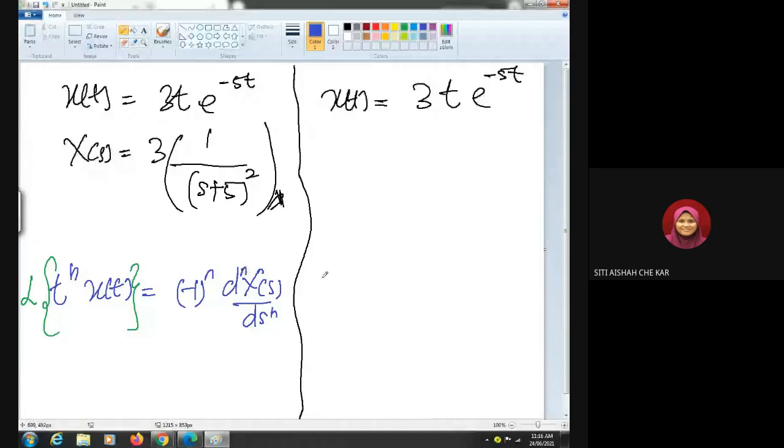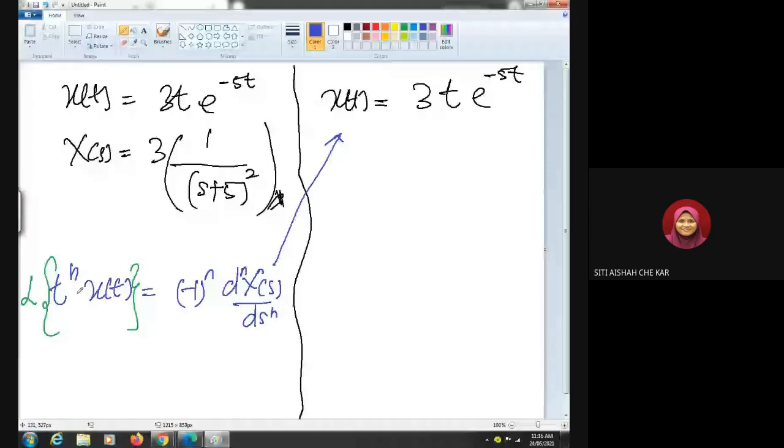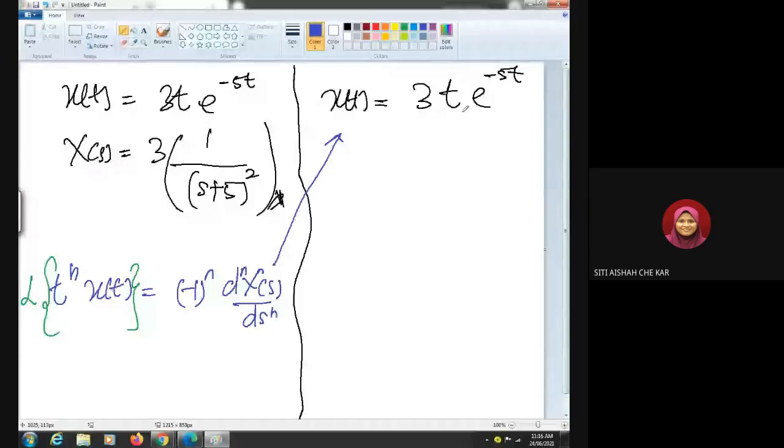So sekarang kita nak pakai ini untuk soalan ni lah. Okay, so kalau kita tengok kat sini, xt kita sekarang adalah 3 eksponen negatif 5t. Sebab t ni jadi properties. So kita tutup dulu t ni. So we close the t first.